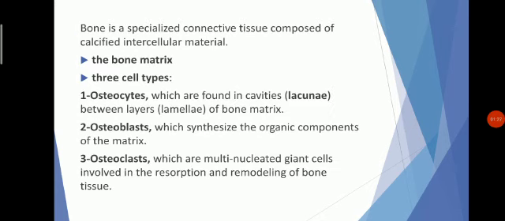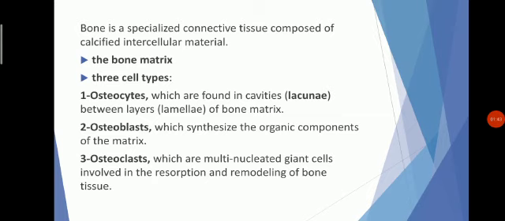Bone is a specialized connective tissue. It is composed of calcified intercellular material, that is bone matrix, and three cell types. Number one is the osteocytes, which are found in cavities, lacunae, between layers, lamellae, of bone matrix.